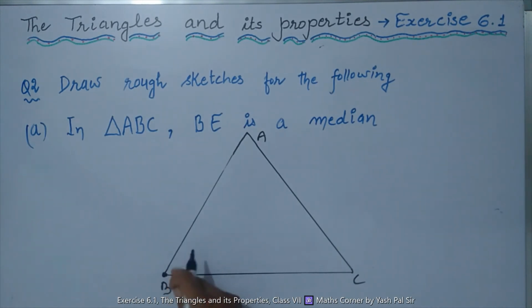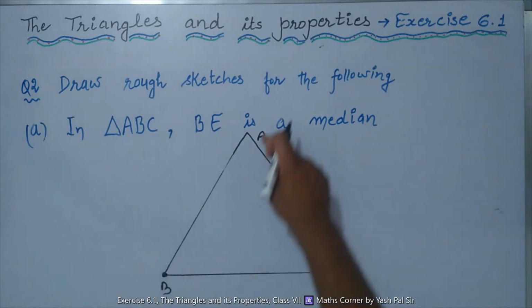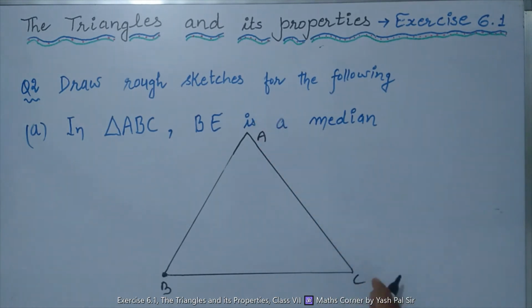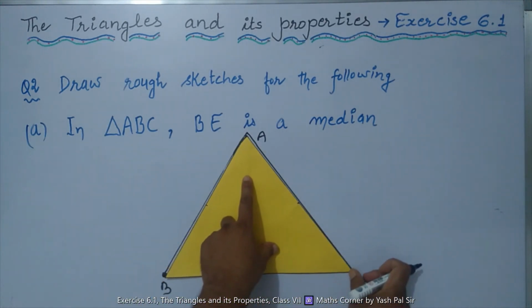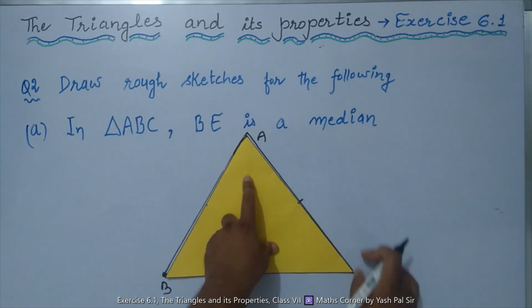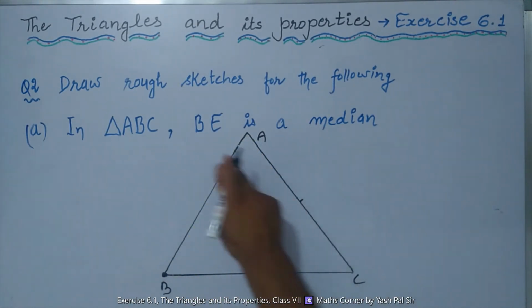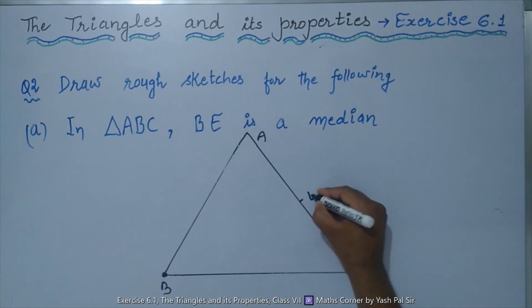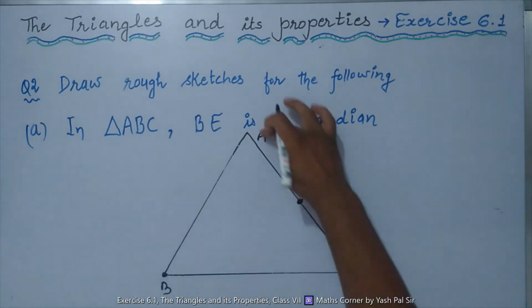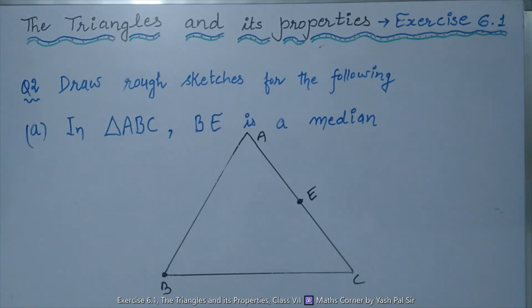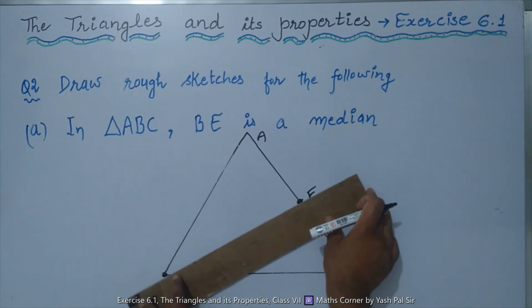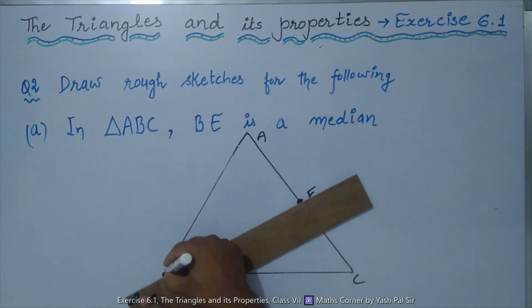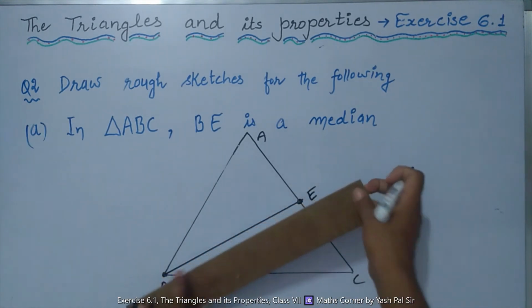Opposite to this vertex B, what is the name of the side? AC. So we have to find the midpoint of side AC. So this was the triangle, and here we have marked the midpoint. We are naming it E. E is the midpoint of side AC. Now what we do? We join B and E, right? B and E, they are joined now. So this is the median.